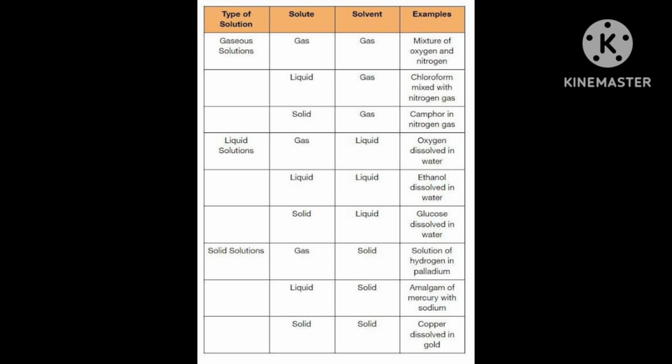But if you add more, then you can't drink it. Then you can tell it is a concentrated solution. If the solid quantity is more, it is called concentrated. If it is very, very less, it is called dilute.